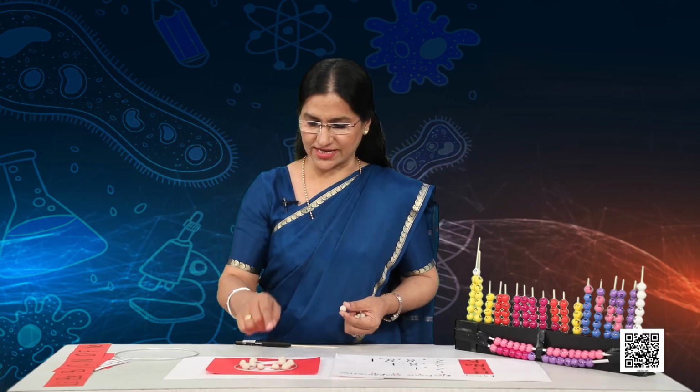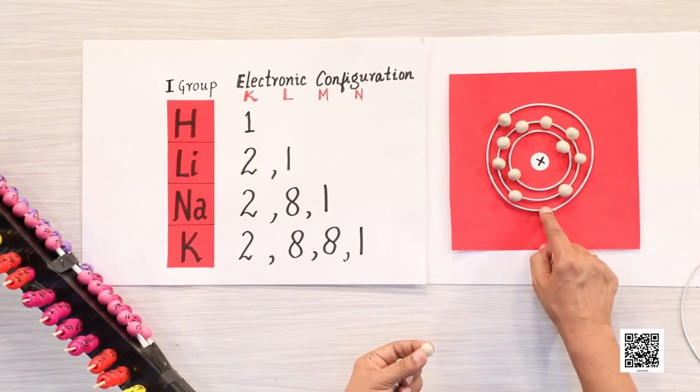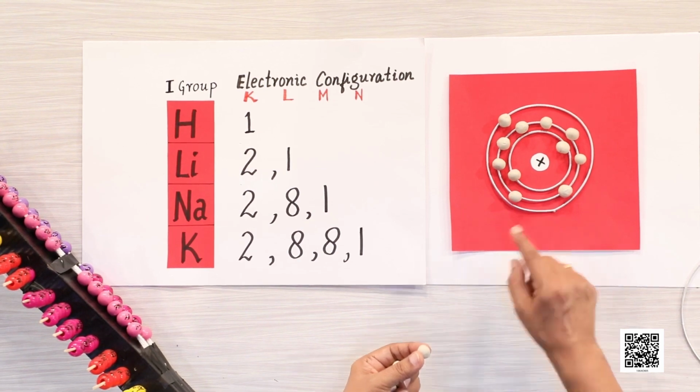Now, if we look at the atomic size, the term atomic size refers to the atomic radius of an atom. The atomic size may be visualized as the distance between the center of the nucleus and the outermost shell of an isolated atom.